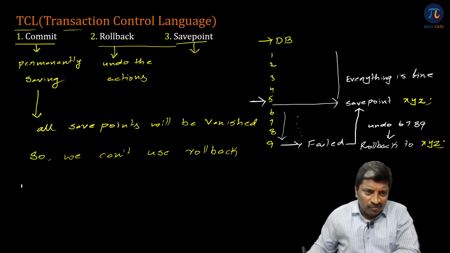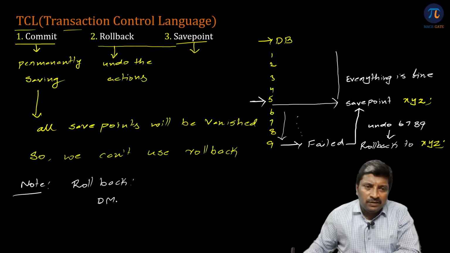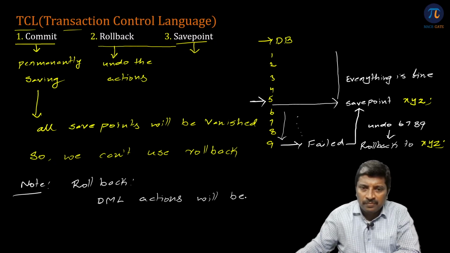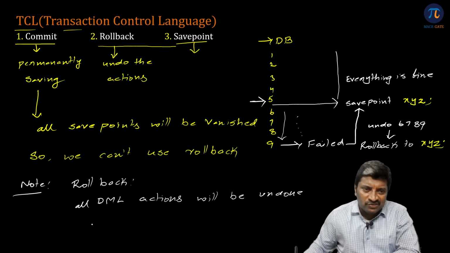Okay, let me give one more important point, sir. Whenever you do rollback, the main point is that DML actions will be undone. All DML actions will be undone, sir.